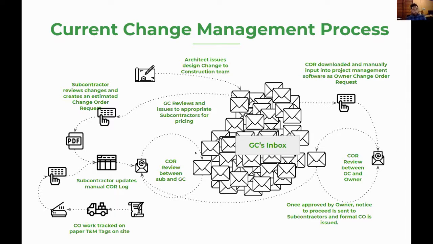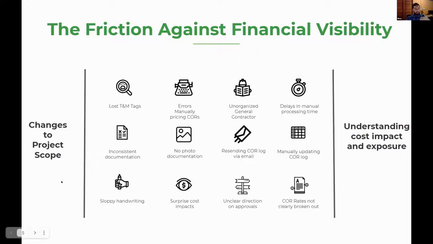A lot of it is done through email. A lot of it is done with antiquated software that doesn't necessarily promote efficient, productive communication. And so part of the reason why this is important is because owners and general contractors, and even you, need financial visibility on a project.